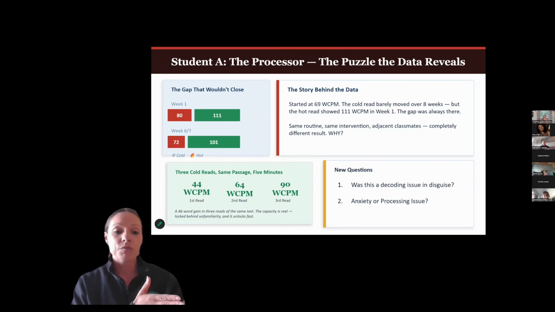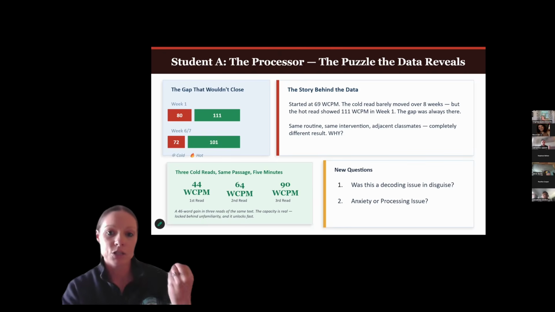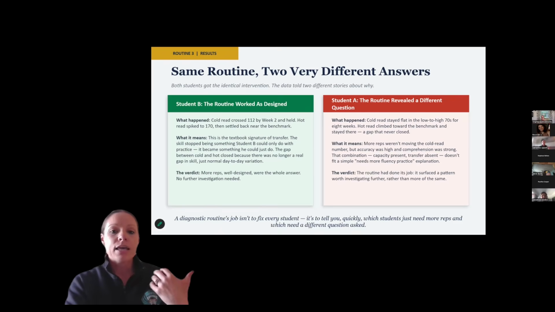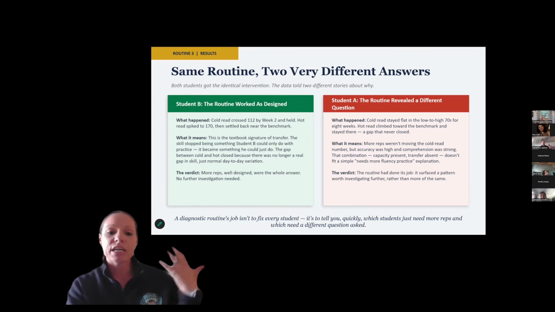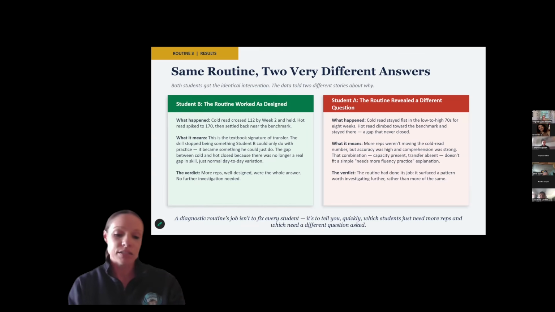And her first time, she read 44 words per minute. I literally tested her a minute later and she read 64 words per minute. And then I tested her a third time 1 minute later and was already up to 90 words correct. So what is causing this block that she has? Again, same routine for both of these kids, but 2 very different results in the end.